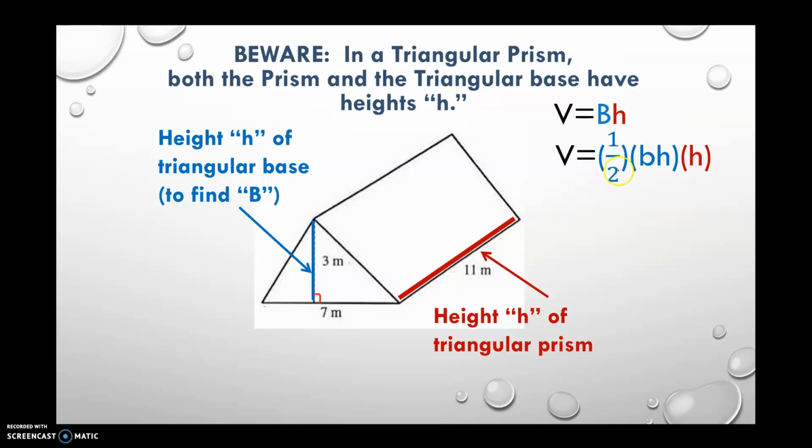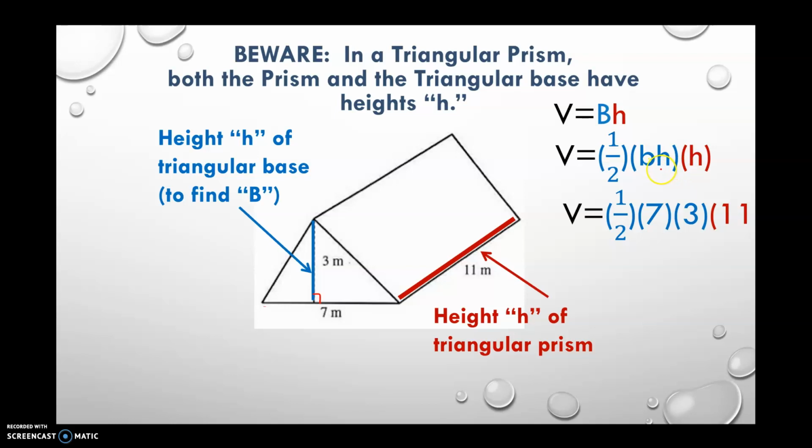Again, this blue part here is only talking about my base of my prism. The red is talking about the height of the entire prism. So I'm going to replace this with 1/2 my base, 7, times my height of 3 of the base, and times that by 11, which is the height of my prism. So take a second and see if you understand the difference between these two H's here.